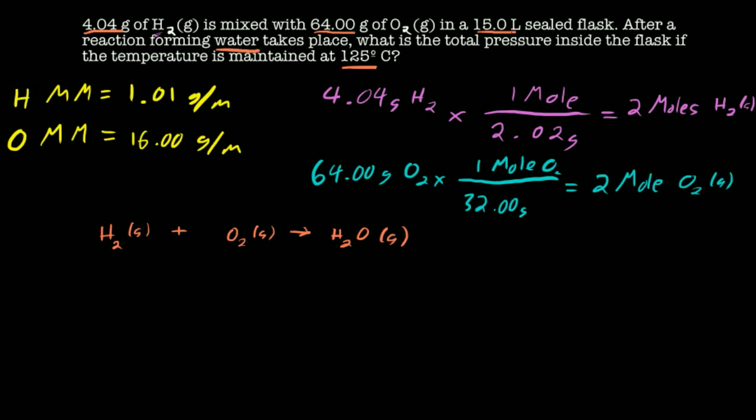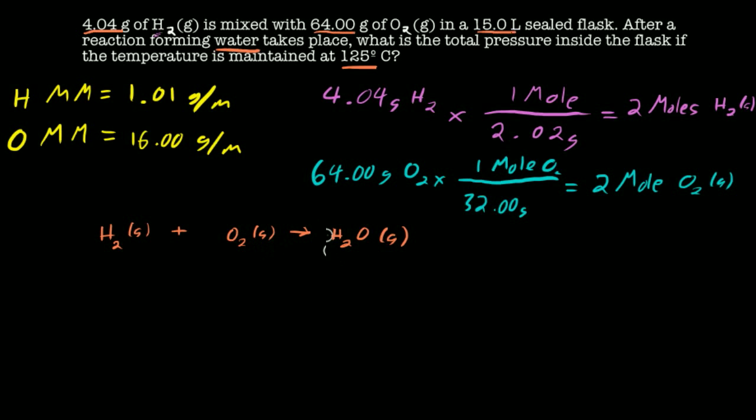The thing you should hopefully realize about this equation right now is that it isn't balanced. It is balanced in terms of hydrogen, but we've got 2 atoms of oxygen on our left side of the equation, and we only have 1 on the right. So we are going to have to balance this equation.